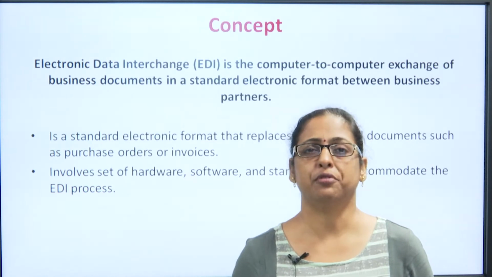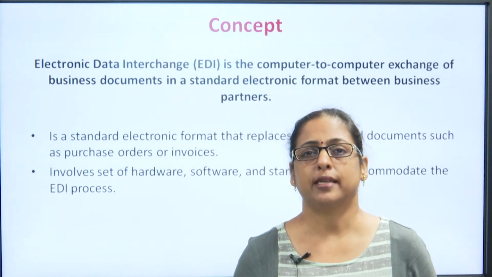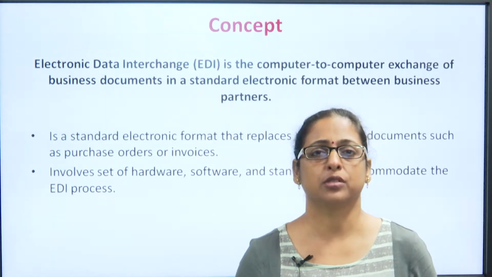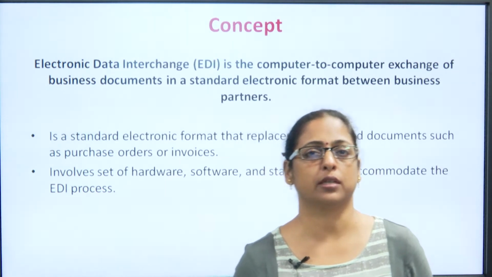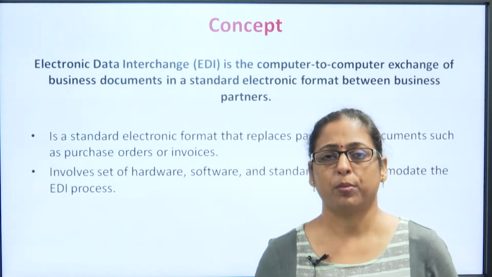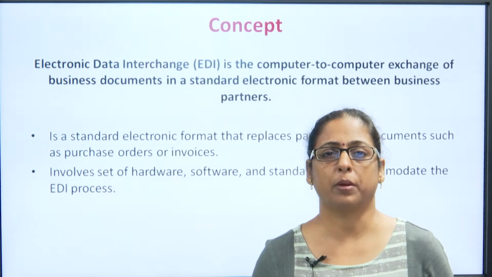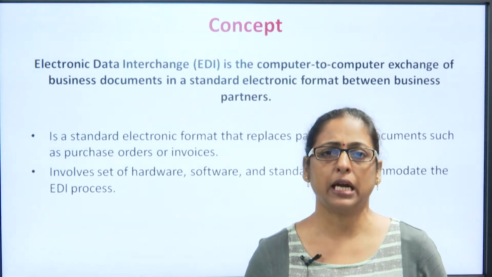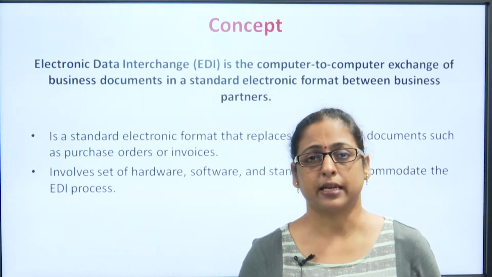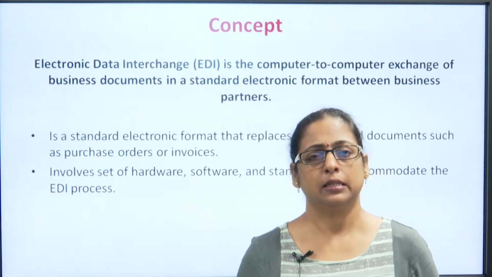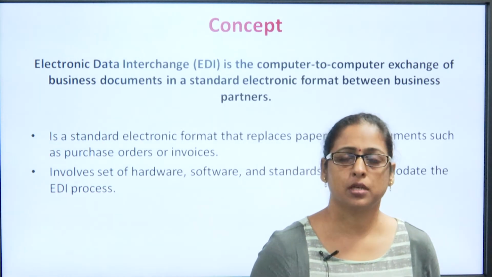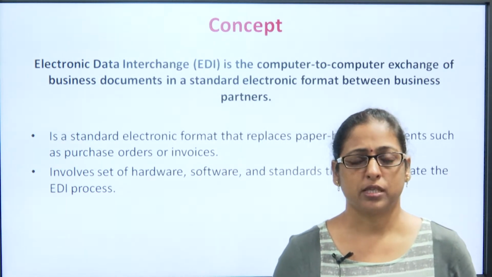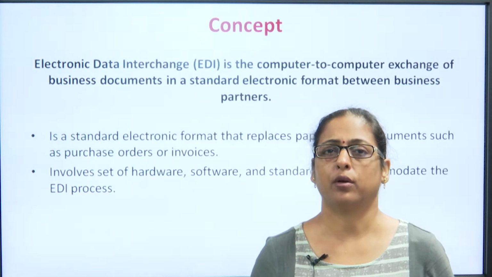If you talk about the physical invoice, taking it to the company requires a person to move from one city to another, or it can be sent through courier or postal services, which would also require at least 2 to 3 days. Then once company B has received the invoice, they will complete the operations, and then initiate the payment procedure. So this complete thing would require a lot of time.